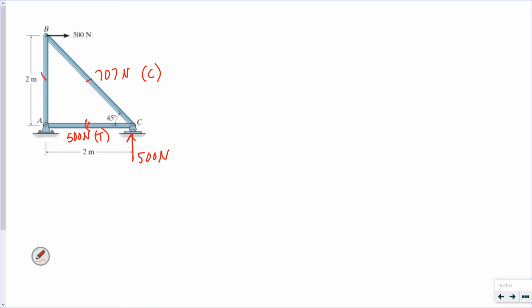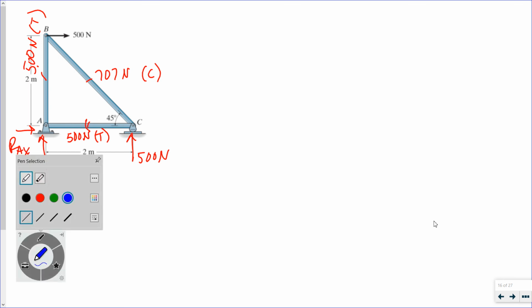This is 500 newtons in tension. It's very hard to write vertically. 500. What I don't know now, I only have two unknowns, the vertical reaction and the horizontal reaction at A. So for completeness, let's do equilibrium at A.